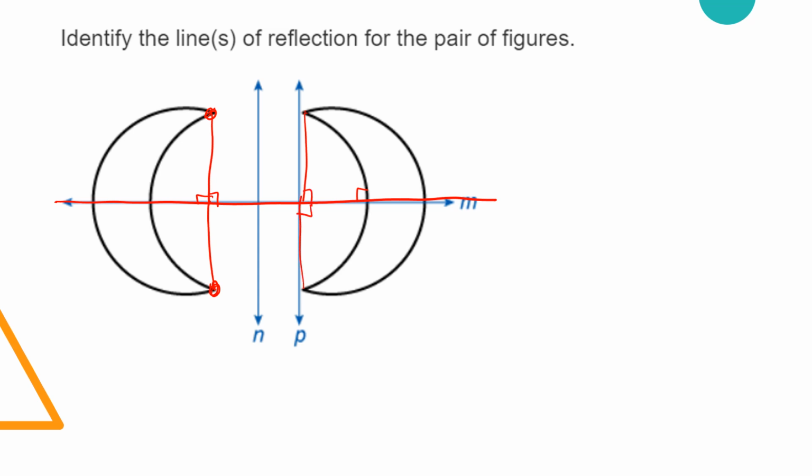You can also look at it. P would not work because it is not the same distance away from the right moon to the left, but N would work.